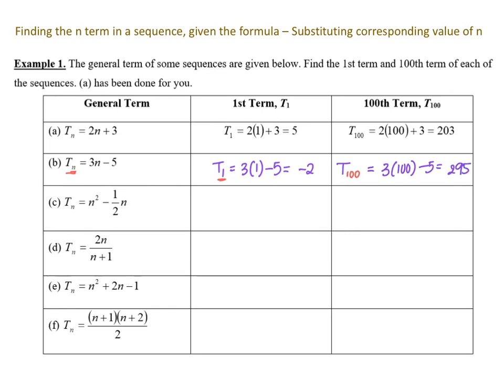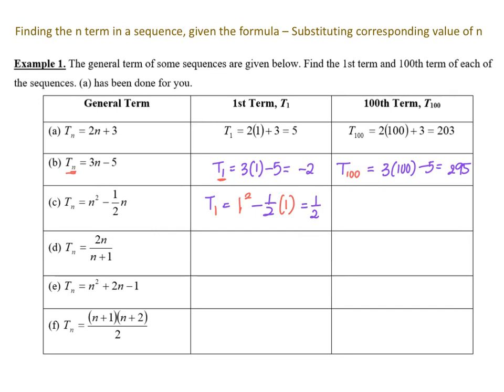Let's try a little bit more. Part C, Tn equals n squared minus half of n. So when it's term 1, n will now be equal to 1. So I'll get 1 squared minus half times 1. 1 squared is 1, minus half, and the answer will be half.